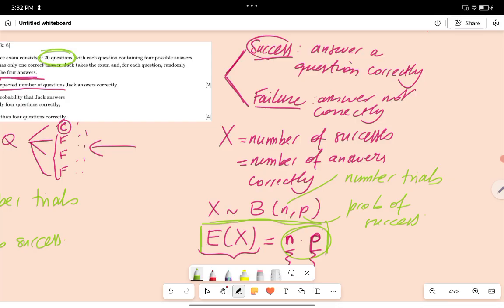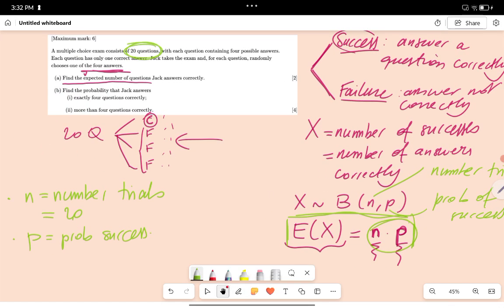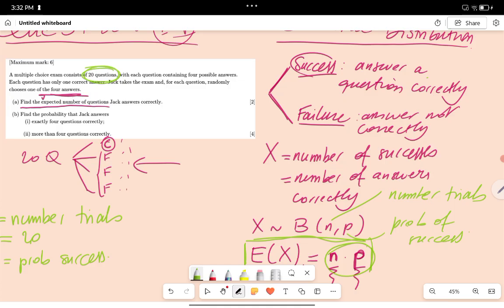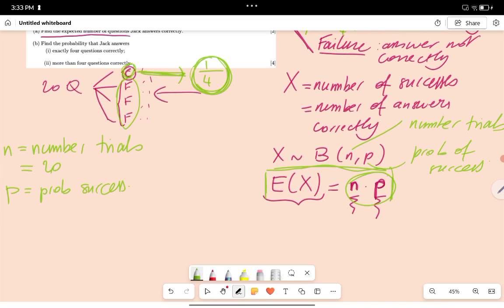That is to answer the question correctly. So that is given here, right? So P, what is P? If we have a question, there was just one that is correct and the others were false. So the probability of answering correctly is simply 1/4, isn't it? If we have 4 answers and we're going to pick one randomly and one is correct, then the probability of answering the correct one will be 1 over 4. So the probability of success is 1 over 4.